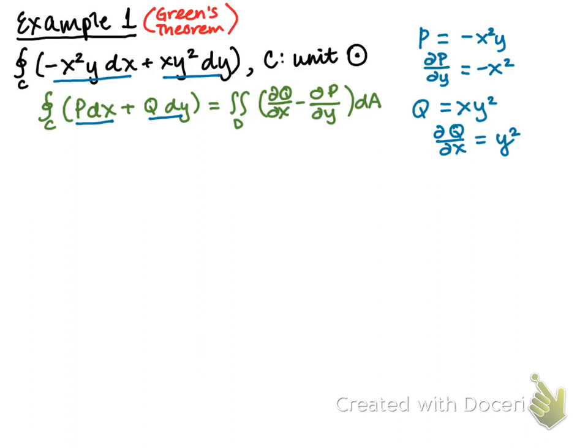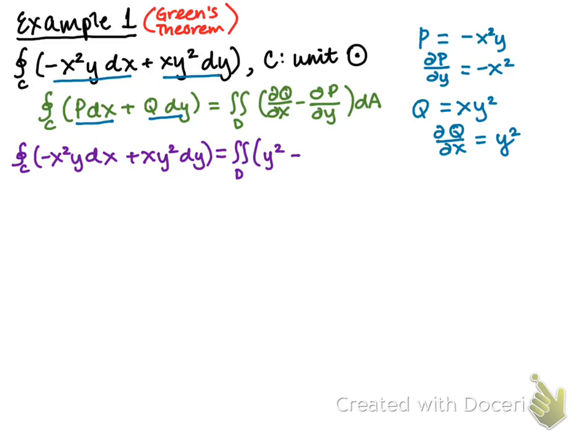Okay, so plugging that in, we are going to get that our line integral over C of negative x squared y dx plus xy squared dy equals the double integral over D of partial Q partial x minus partial P partial y.